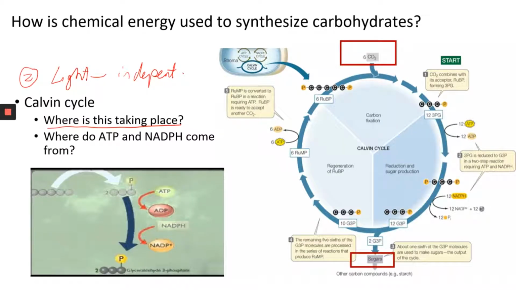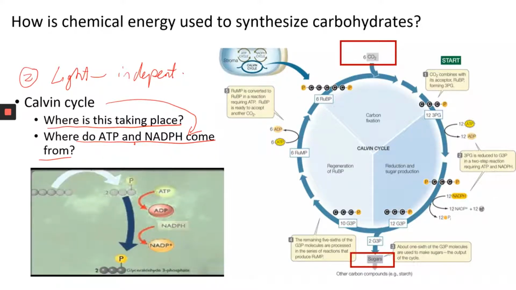And where do ATP and NADPH come from? This cycle requires ATP and NADPH, and these two things are produced in the previous step, the light-dependent reactions.